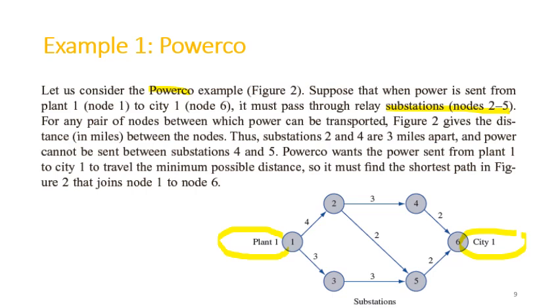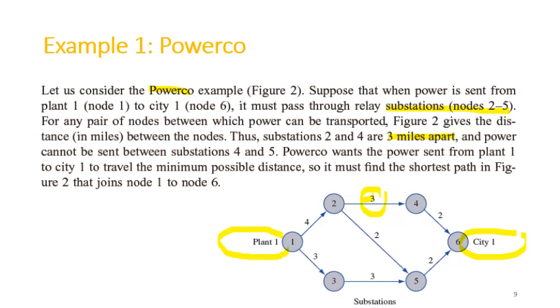And suppose you don't have any arc, let's say from 3 to 4. It means that you cannot send anything from 3 to 4. Only the arcs that connect the nodes can be used to send the power. And this value above each arc, suppose you think about it as a distance. So let's say this 3 means 3 miles apart.